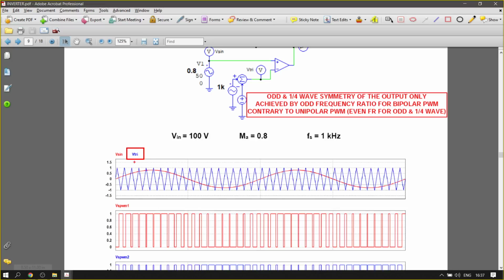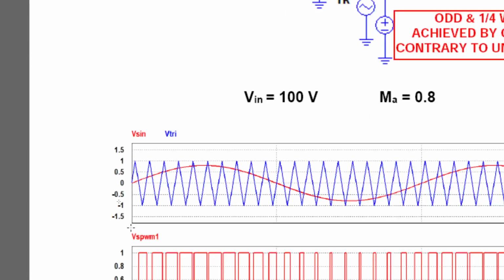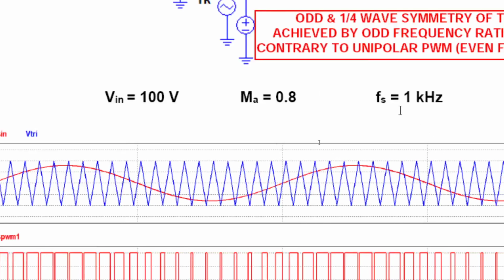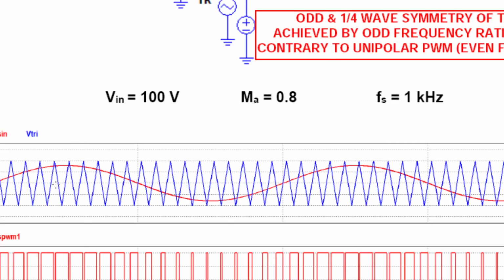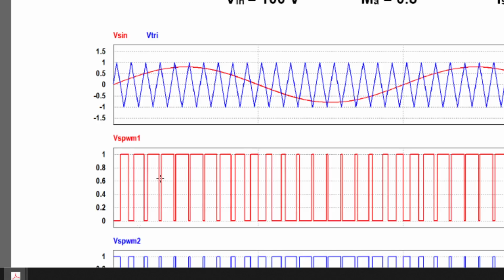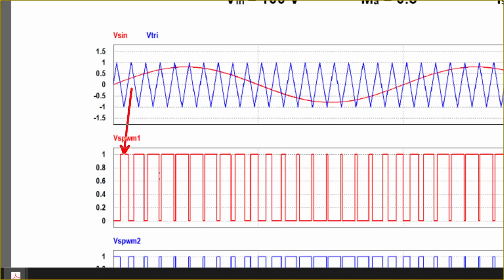But now the carrier signals consist of positive and negative values. So this is the triangular carrier signals, positive, negative, positive, negative, with a frequency of 1 kHz, for example. Okay, so they operate with 1 kHz. Right, so the same applies: whenever Vm is greater than Vc, it will create a pulse of 1.